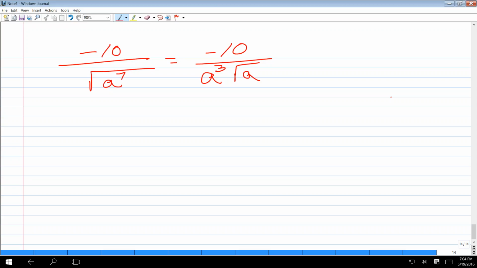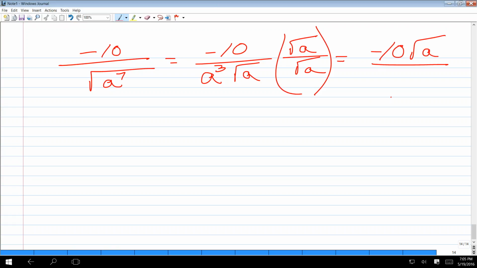Now, in order to rationalize it, I only have to multiply it by the square root of a, top and bottom always. Now, that gives me my final answer immediately, or almost immediately. Square root of a times square root of a is a. A times a to the 3rd is a to the 4th.